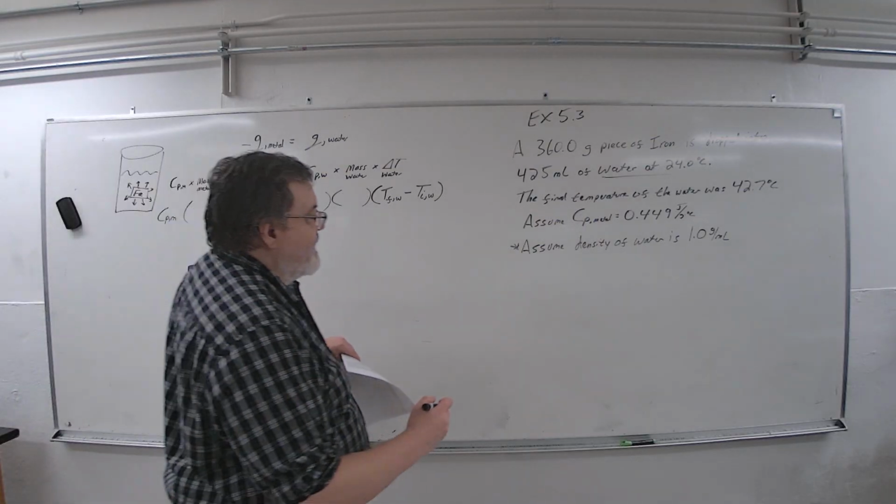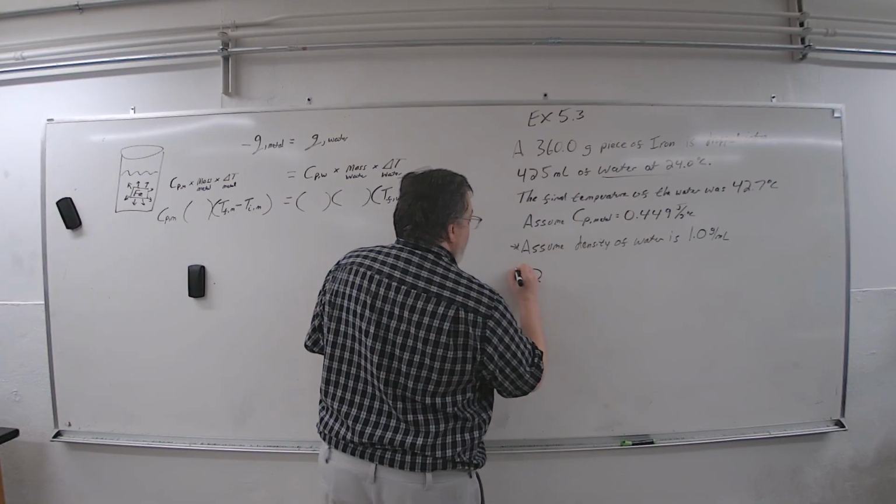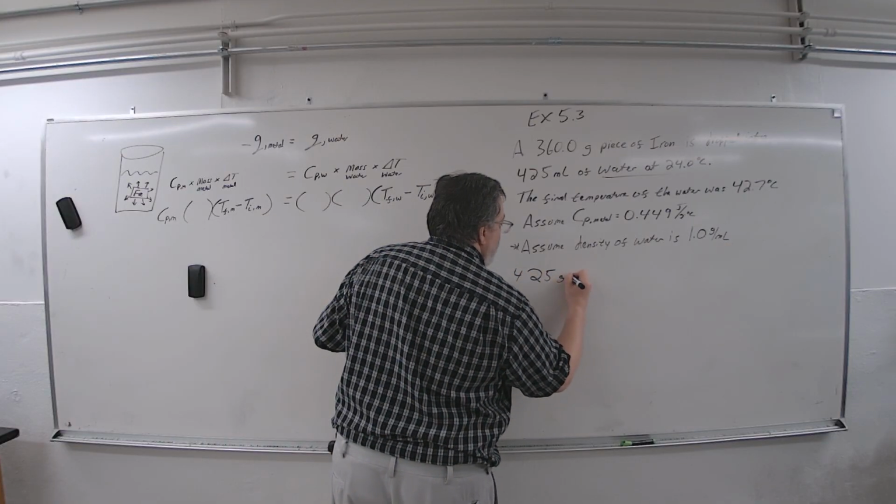Okay, so let's find out the mass of the water. 425 milliliters.